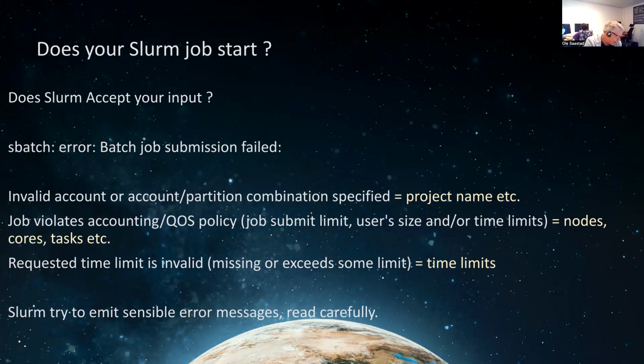If you put in a year of time, 365 days, it will not run because there are limits to what you can run, normally a week. But sometimes if you are close to a maintenance schedule, that time will be shorter.